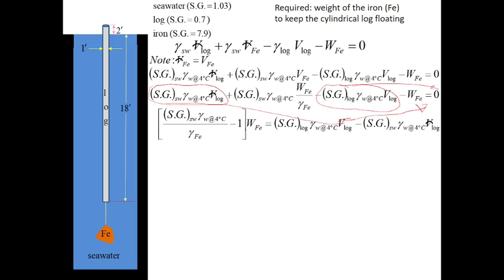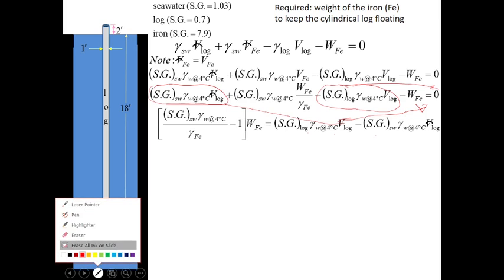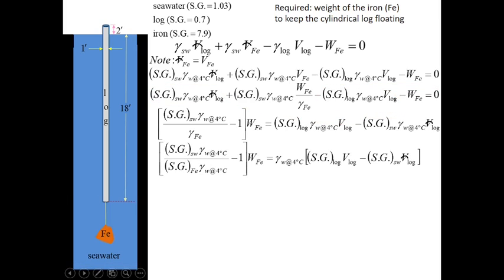Specific gravity log, okay, ito, tsaka yun, minus ito. Nakuha yun, no? And then, we can simplify. Unit weight of iron is equal to the specific gravity of iron multiplied by specific weight of water at 4 degrees Celsius. Okay? That is the unit weight of iron.